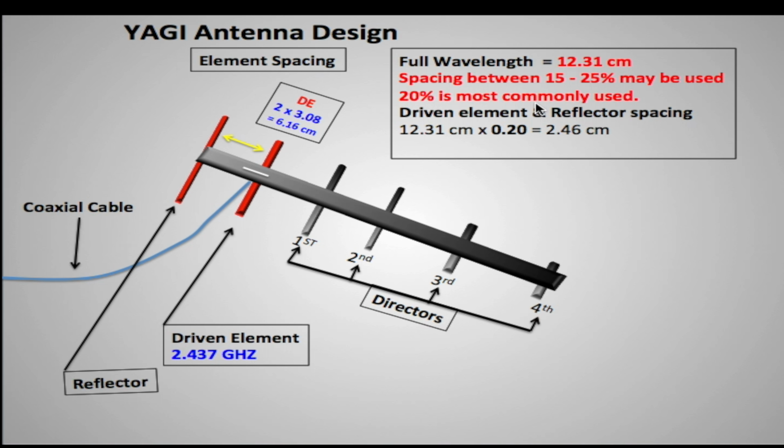So in this case, I'm also going to use 20%. So here I have the full wavelength, 12.31 centimeters times 0.20, which is equal to 2.46 centimeters. So the distance between the driven element and the reflector is 2.46 centimeters.